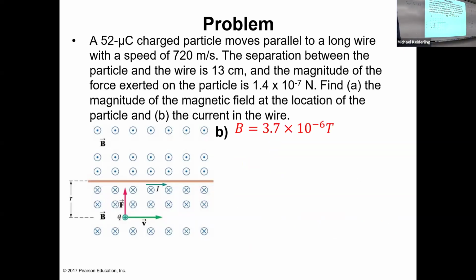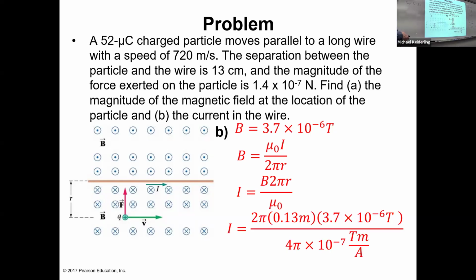The current is, we know the magnetic field is 3.7 times 10 to the minus 6 Tesla. The magnetic field is mu naught current over 2 pi r. So current is B 2 pi r over mu naught.